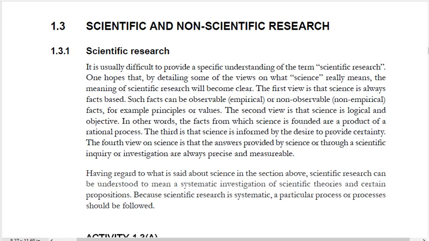Having regard to what is said about science in the section above, scientific research can be understood to mean a systematic investigation of scientific theories and certain propositions. Because scientific research is systematic, a particular process or processes should be followed.